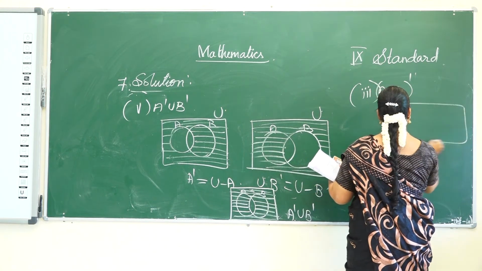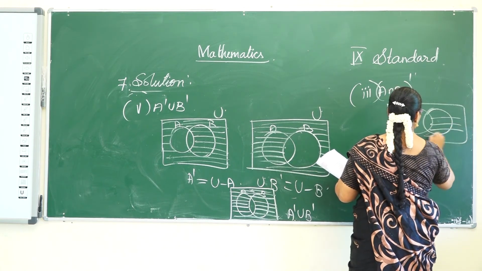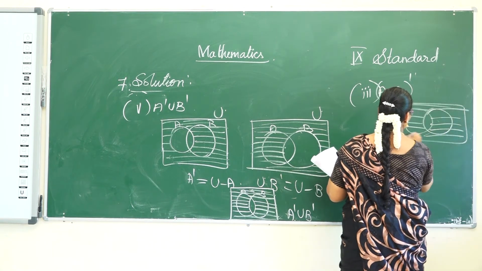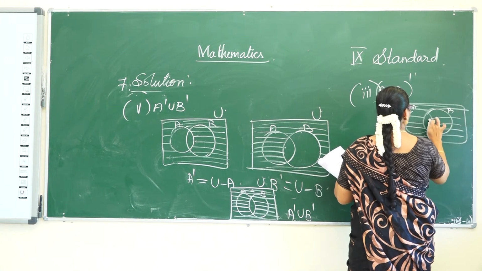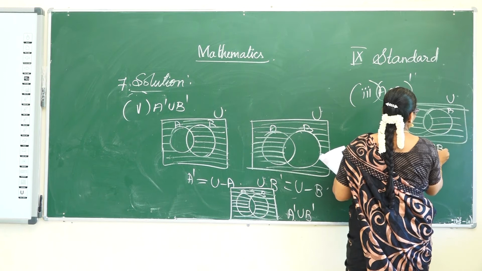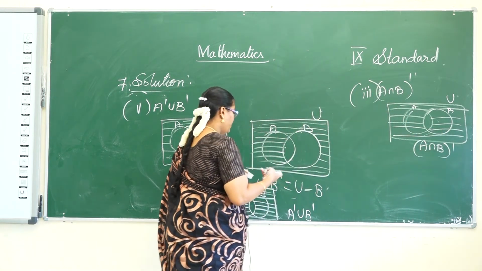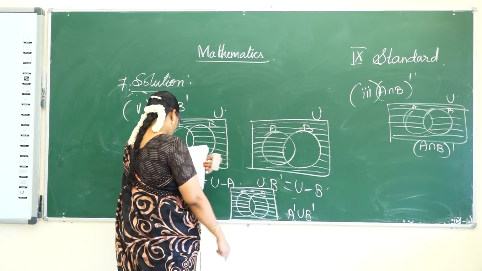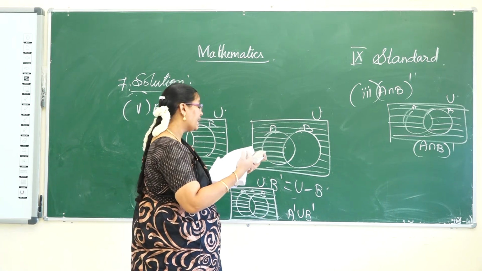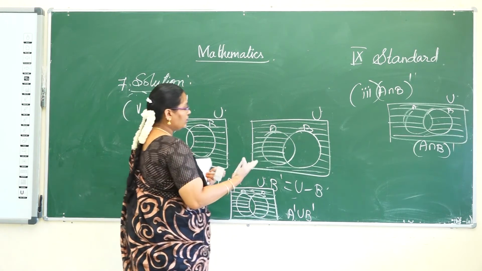We finally get A, B and U. A intersection B the whole complement. We get this Venn diagram in the third subdivision. Here also we get the same one. So the seventh question asks, what do you observe from the Venn diagrams of the third and fifth? Both are equal.